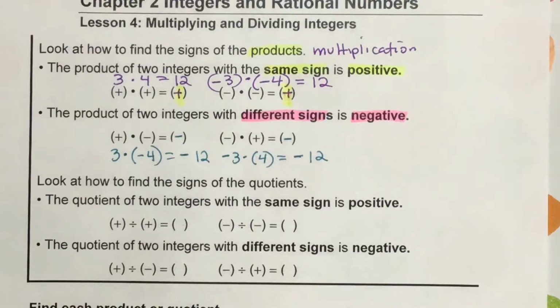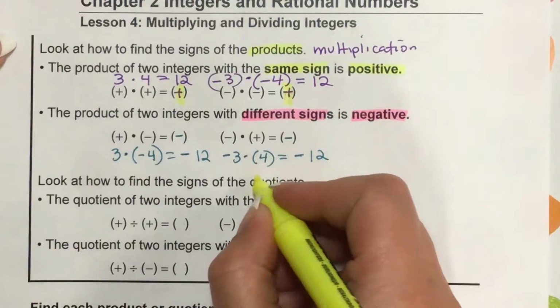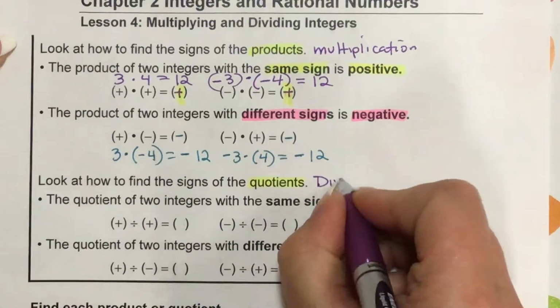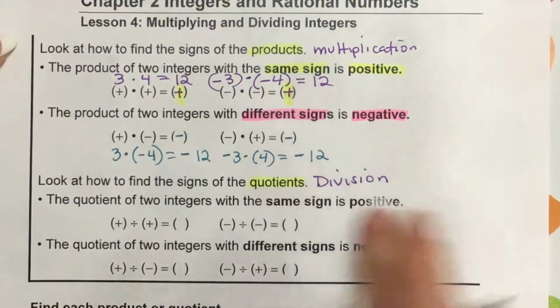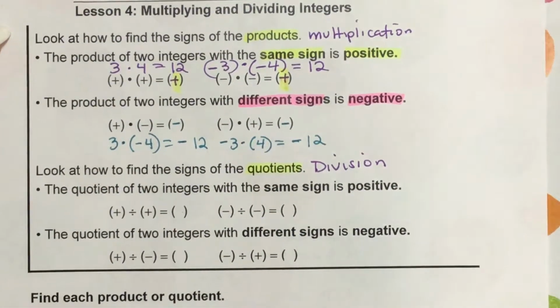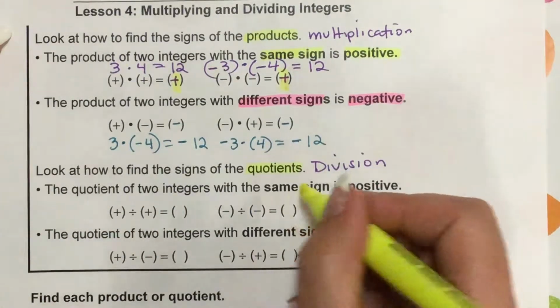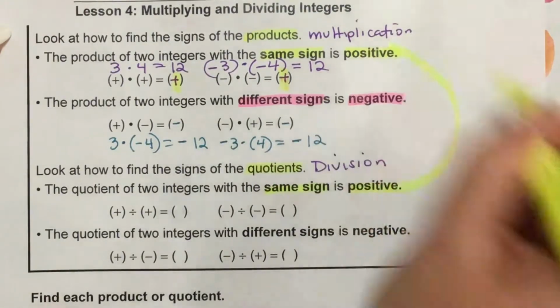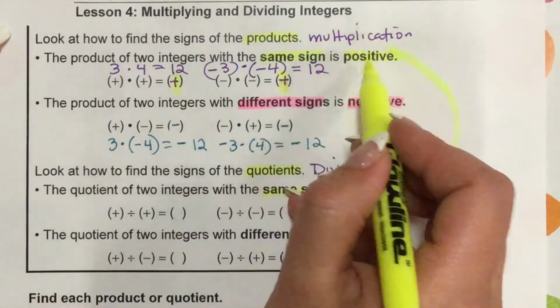Now, when you do division or quotients, the word quotients means that they're talking about division. They have kind of similar rules as the multiplication. So let's go over them. It says the quotient of two integers with the same sign is always positive. And I hope you're able to see the similarities between those. Same sign with multiplication, it's positive.